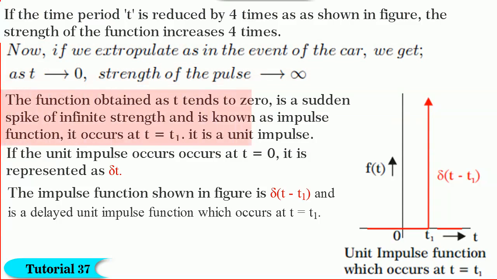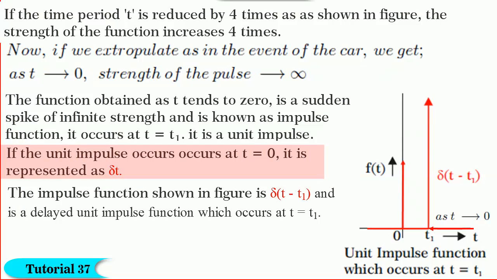The function obtained as t tends to 0 is a sudden spike of infinite strength and is known as impulse function. Observe that it occurs at t is equal to t1. Also, it is a unit impulse. If the unit impulse occurs at t is equal to 0, it is represented as delta t.